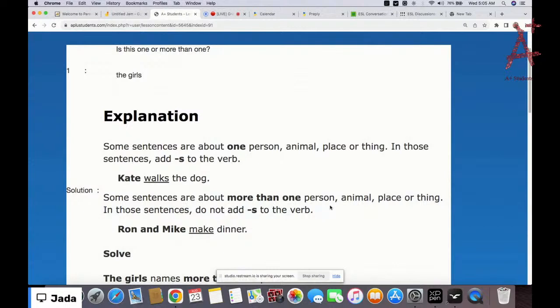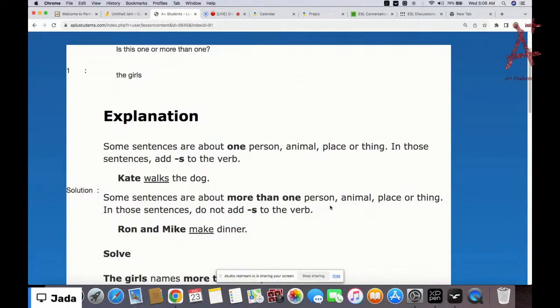Okay. So once you have a sentence that is talking about more than one person, more than one animal, more than one place, or more than one thing, do not add s to the verb. You only add s to the verb for singular verbs.